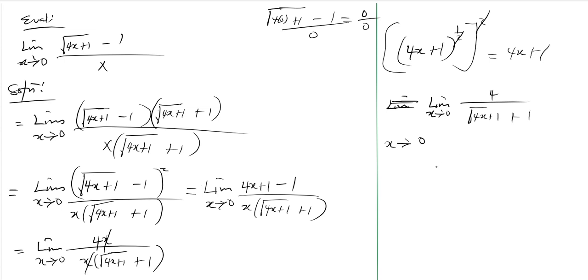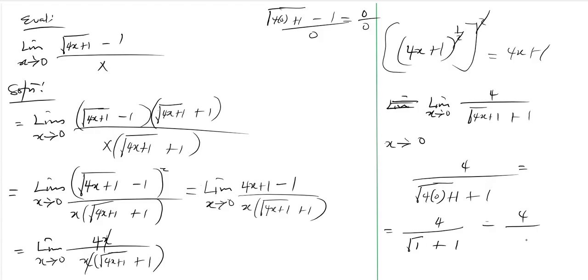We replace x with 0. We are going to have 4 all over root 4 multiply 0 plus 1, plus 1. 4 times 0 will be 0, so we are left with only 1. So we are left with root 1 plus 1, which will give us 4 all over root 1 is 1, plus 1, 2. And our final answer will be 2.